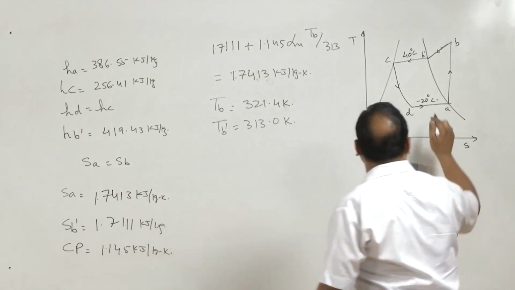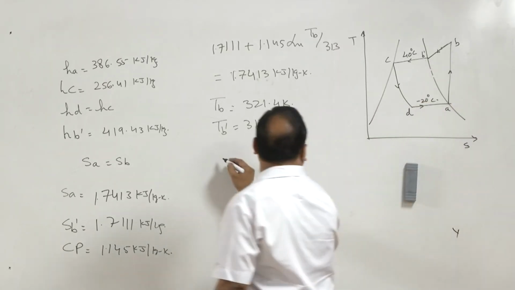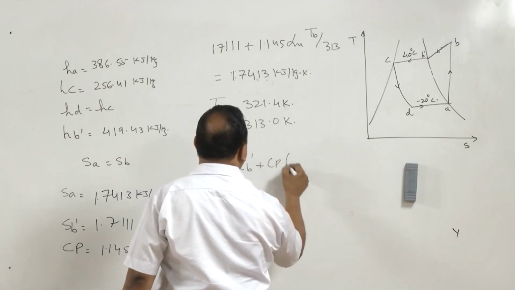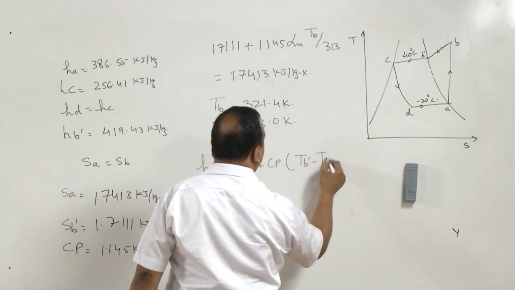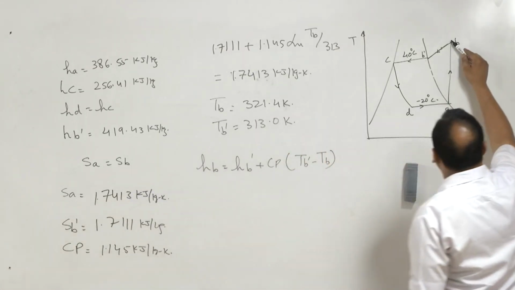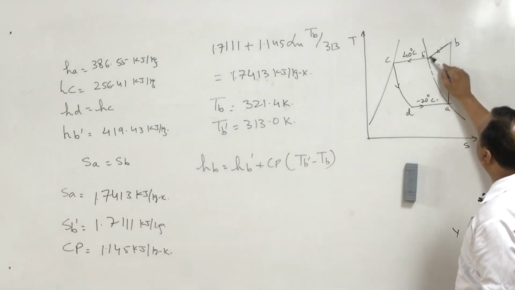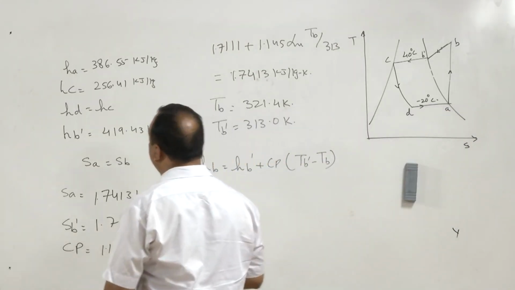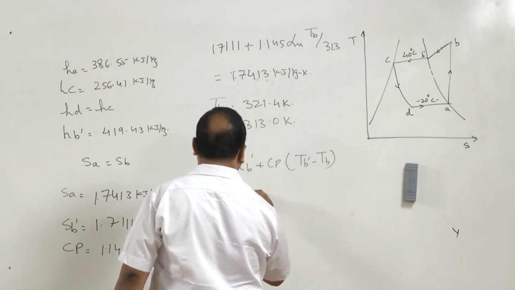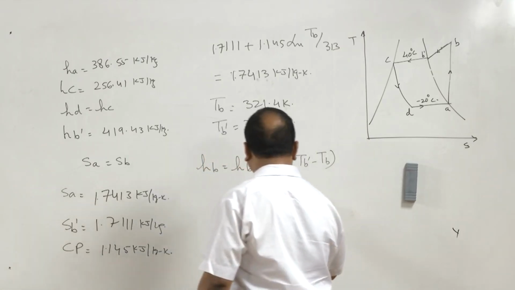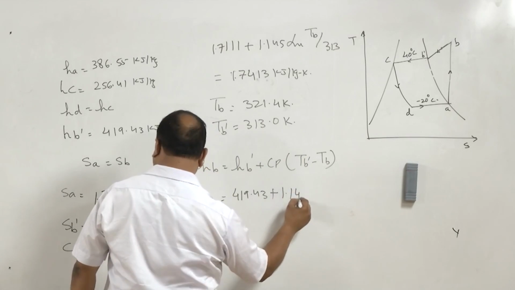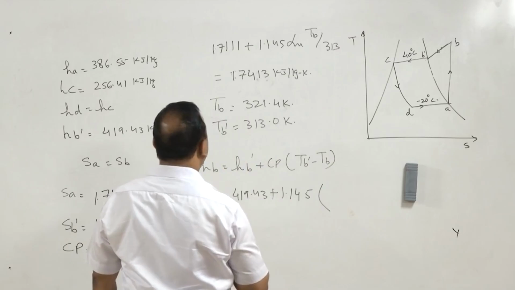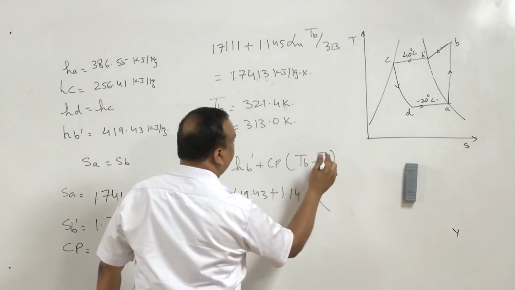So, enthalpy at B is equal to enthalpy at B dash plus Cp times TB minus TB dash. It means the enthalpy at B is equal to enthalpy at B dash plus sensible heating. So, enthalpy at B dash is 419.43 plus Cp is 1.145, times TB minus TB dash.